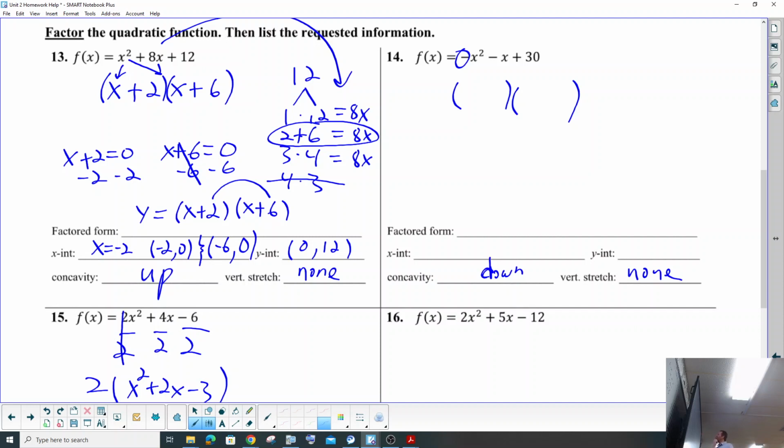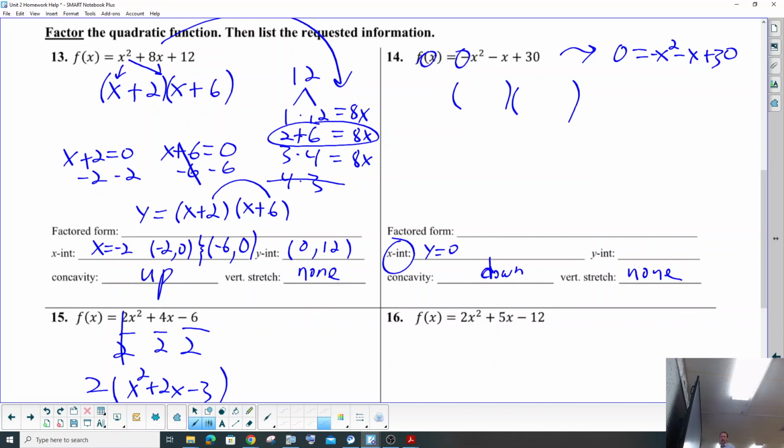Interesting. So how could we look at that? You could change all the signs if you wanted to factor it. So if we're trying to find factored form, I would probably change the signs. Technically, to find the x-intercepts, you're setting y equal to 0, and this is our y value. So 0 equals negative x squared minus x plus 30.